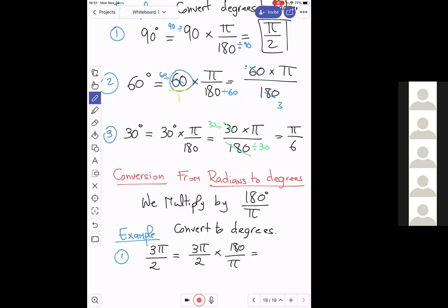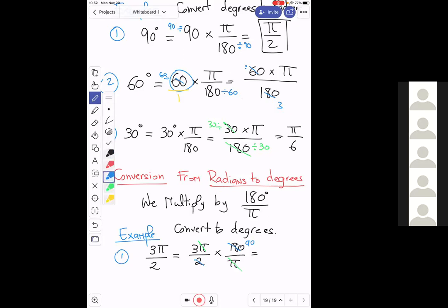And then that's like 3 times 180 over 2. 180 over 2 is 90, right? And 90 times 3 is 270.